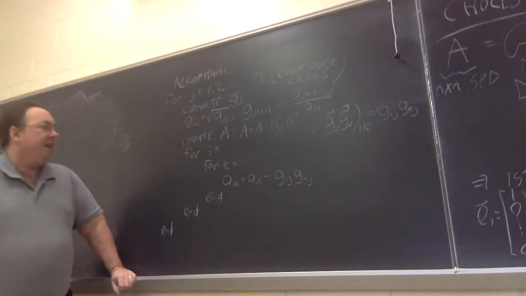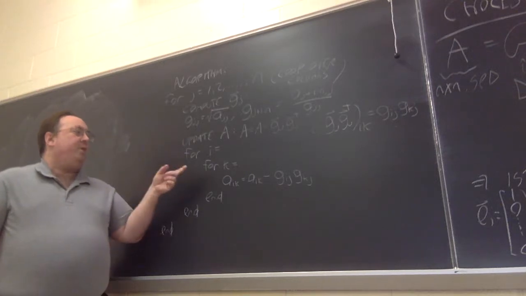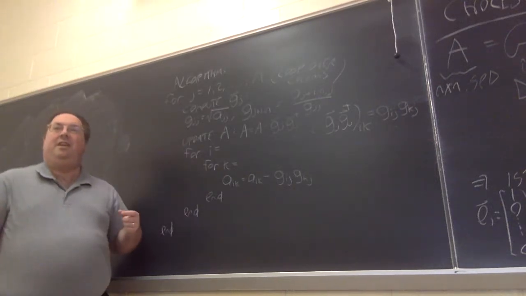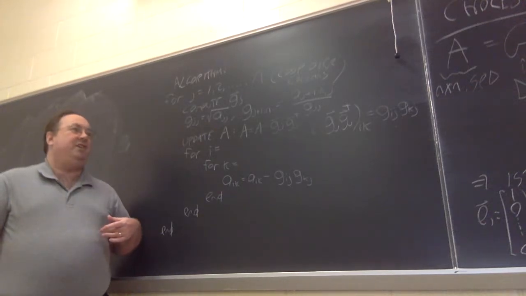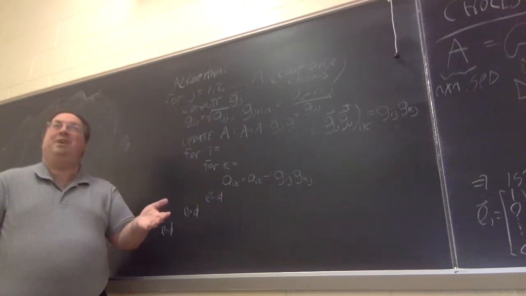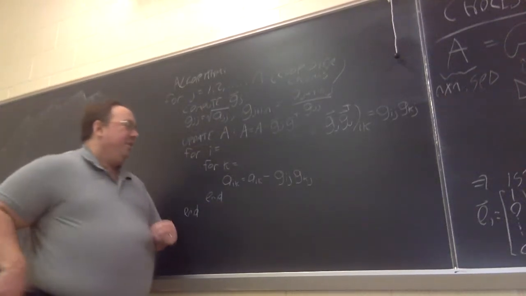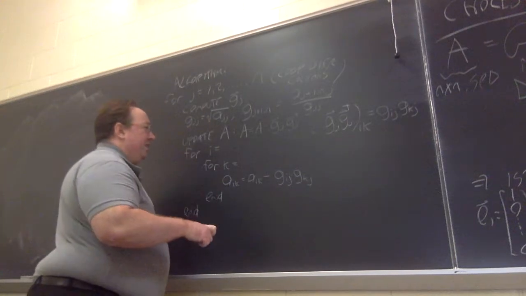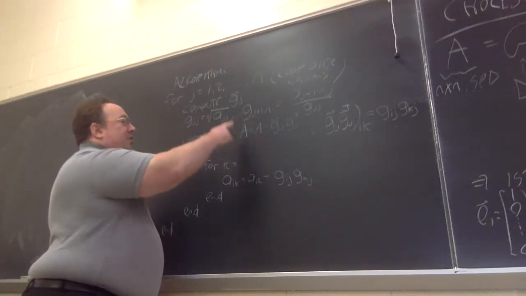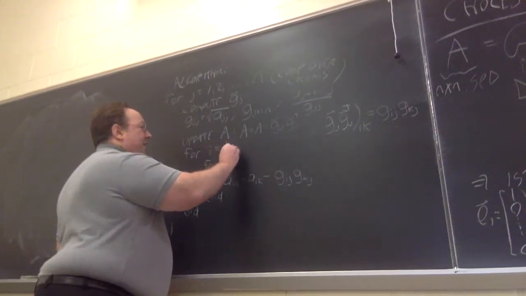Now, there are three ways I can fill in these loops. There's the incredibly naive and inefficient way, there's the less inefficient way, and then there's the actual efficient way. I'm going to cover all three. So, a stupid way to do this is think, oh, these are n by n matrices, so I'll just go from 1 to n.